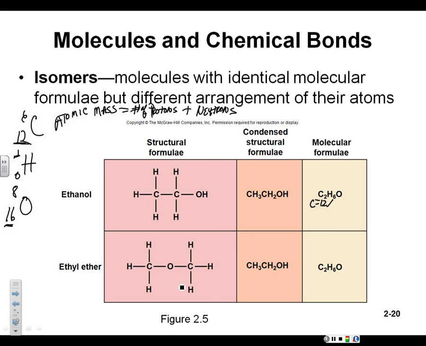So 2 times 12 is what? Alright, hydrogen is 1. How many of them do we have? Alright, that's what? Oxygen is what? It's 16, but how many do we have? 16 plus 24 plus 6 equals what?